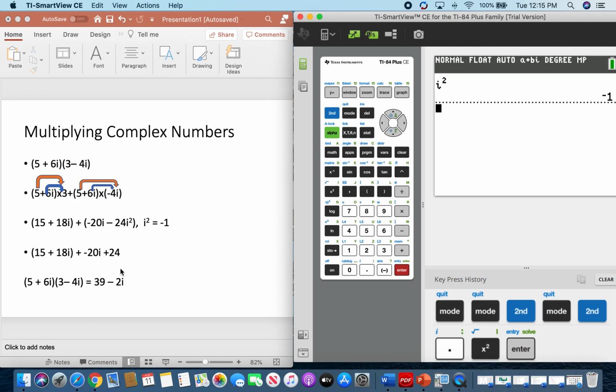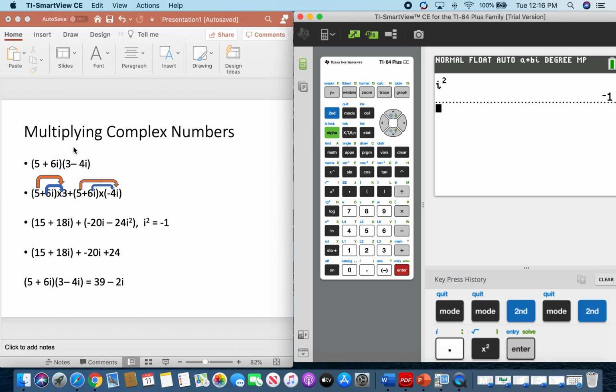So when you combine like terms, you'll have 15 plus 24 is 39, and 18i plus negative 20i is negative 2i, which can also be written as 39 minus 2i. When you use your calculator, you should be expecting the same answer.